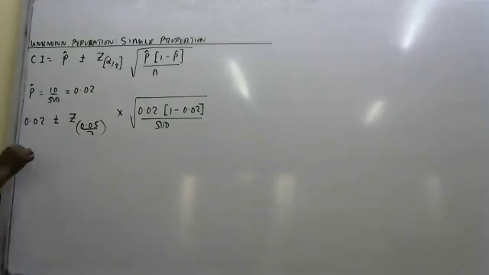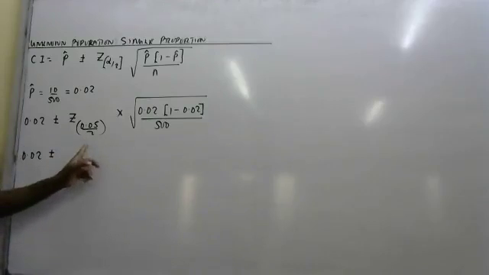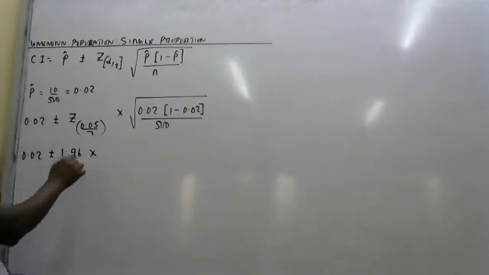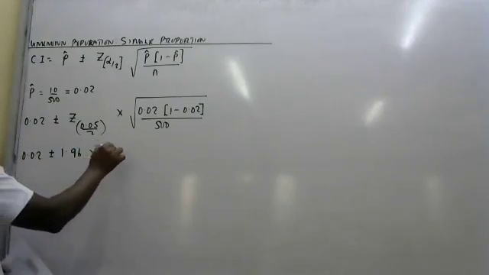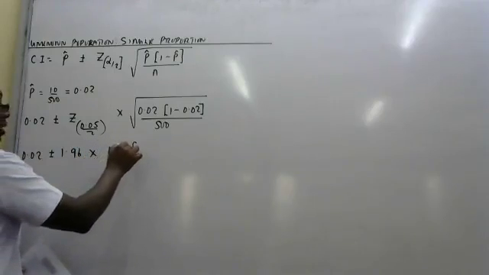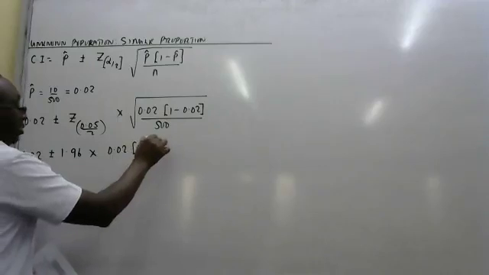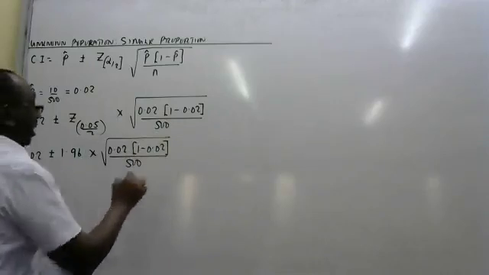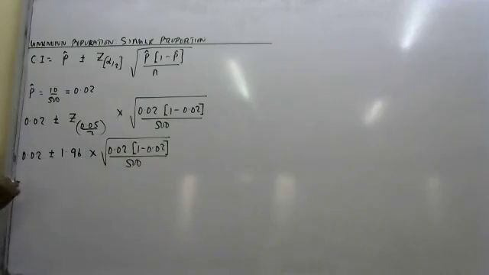Sasa, this is 0.02 plus or minus. Hii ni ile tu tumesoma kwa swali la kwanza. Tunakumbuka z at 95% na tukapata 1.96. So 1.96 times the square root of 0.02 into 1 minus 0.02, divided by 500. So give me this answer to 3 decimals.